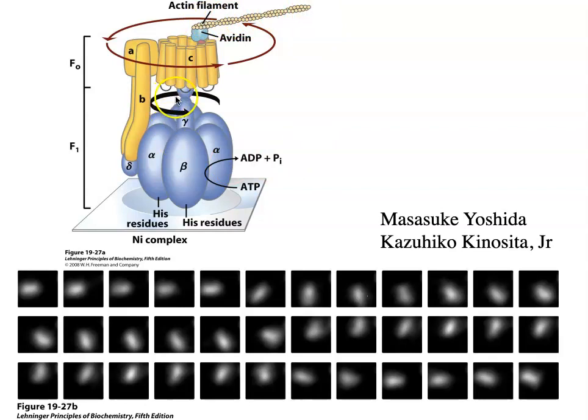Somehow, and I'm not totally sure how they've done that, they've stimulated the rotation of the channel, and through a camera, they detected the position of the filament, and they noticed how the filament moved in a circular fashion.